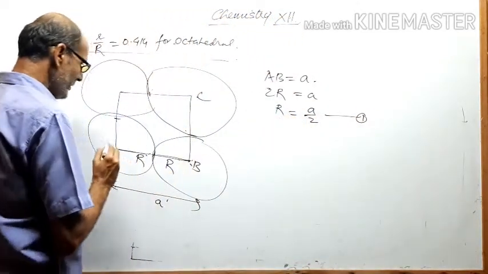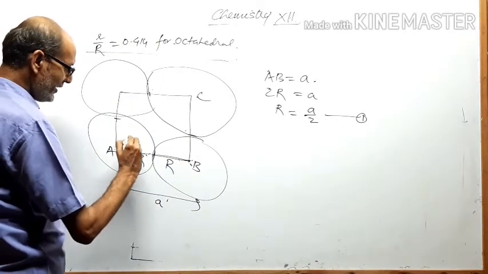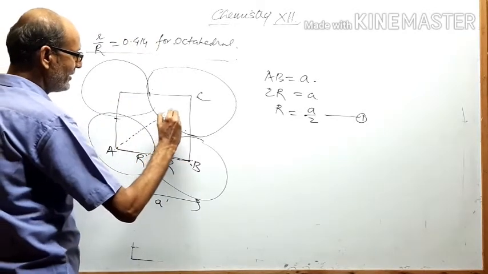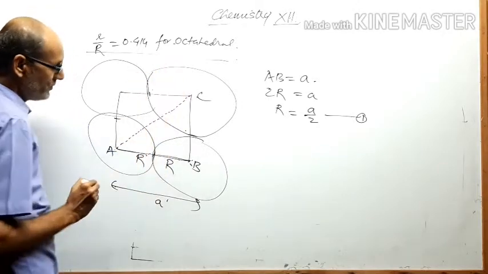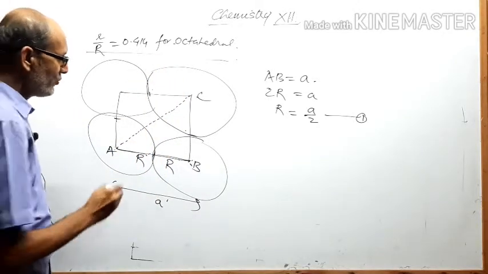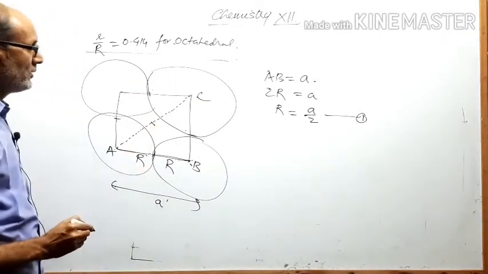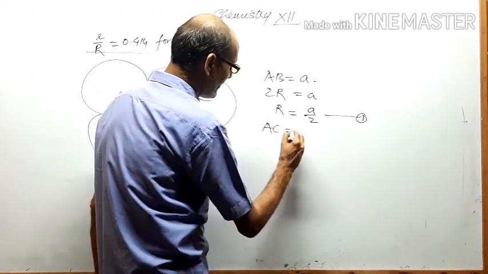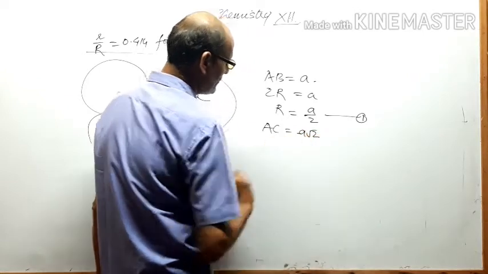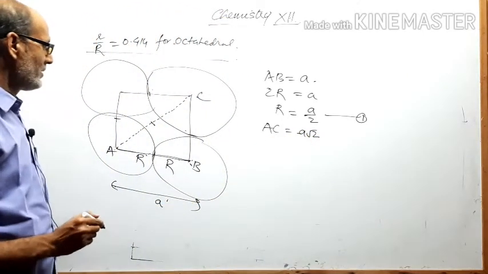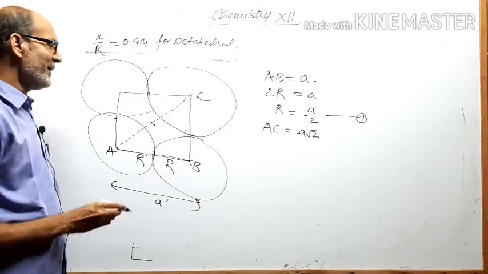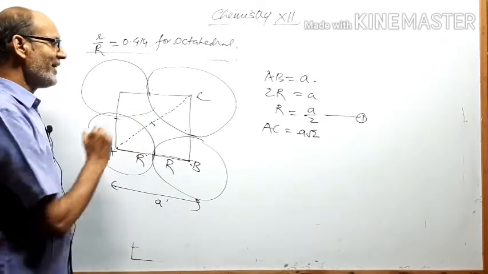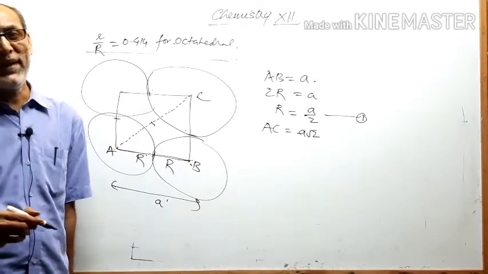Now see in the diagram, if we join A and C, this is the face diagonal of the cube. So according to the Pythagoras theorem, AC is equal to a root 2. And you are seeing a space between these atoms. This is called the octahedral void.